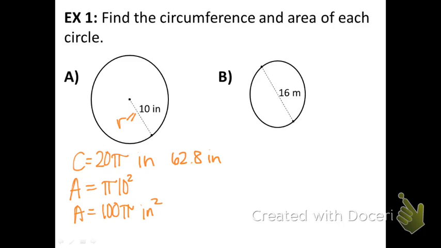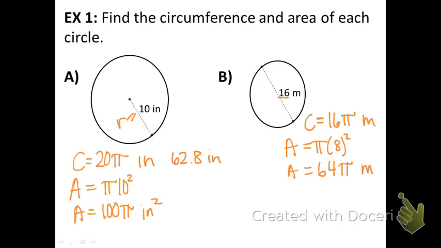On our second one we can see that we have the diameter, so to find circumference we can just take the diameter times pi, so 16 pi meters, or you can multiply that out and give me that approximation. For the area we have to take pi times the radius squared, so if the diameter is 16, the radius is 8, and 8 squared is 64 pi meters squared.